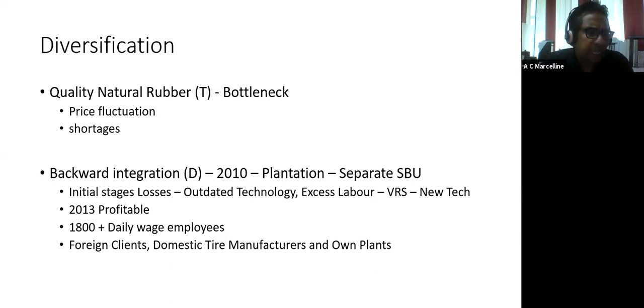So they have about 1,800 employees plus daily wage employees who are on the field mostly. When they say they are on the field, they may be the tappers, the latex collectors, and transporters, and so forth, right? Now this particular SBU operates separately, and they give to their own plants, which are available in Sri Lanka in 3 different areas.